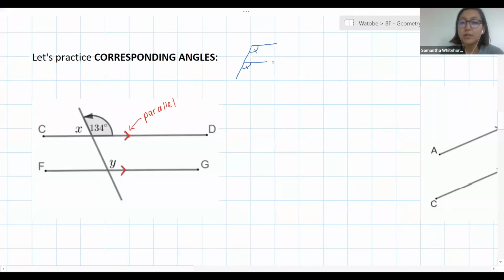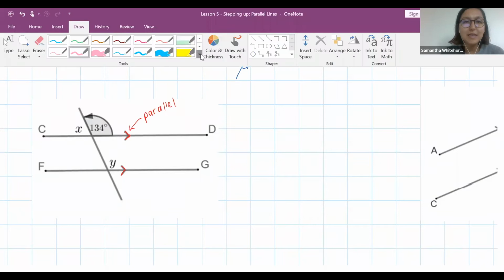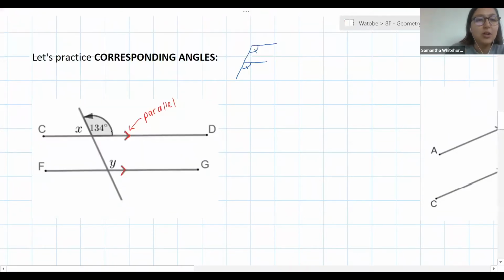So my diagrams are going to have lots of scribbles all over them so that we know what we're working with. So the first thing that I see, and you can do it however you want, is if I start with the angle X, this angle and the angle of 134 are actually on the same line. Now, just because we're working with parallel lines doesn't mean that we can't use reasons we've learned elsewhere.